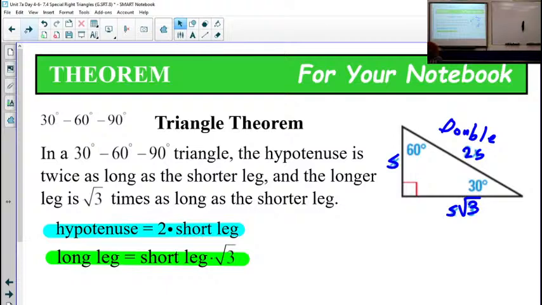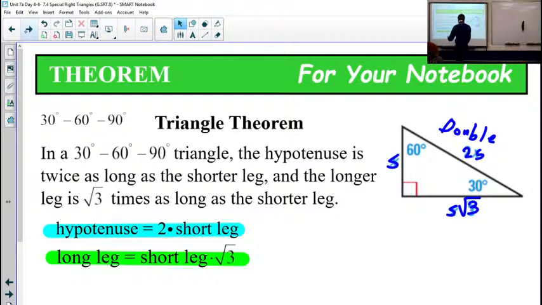And then my long leg, take my short leg and multiply it by square root of 3. So you're going to see me do the same process that we were doing with the 45, 45, 90. The difference is that it's going to be with a different pattern.